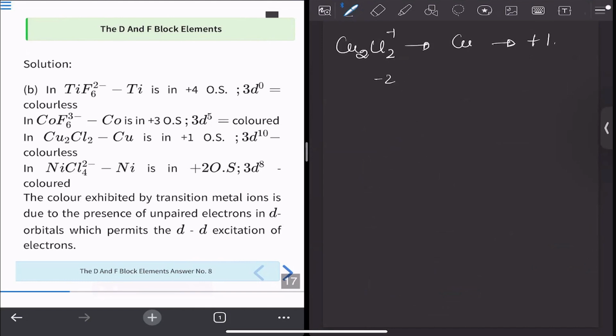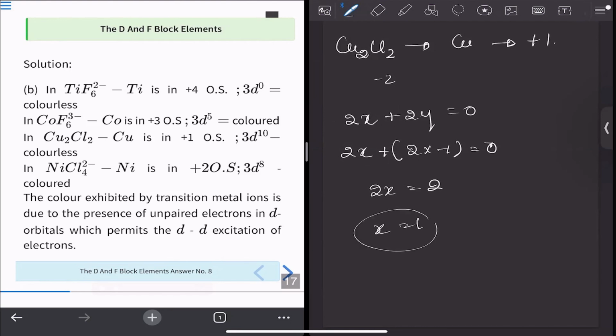There are two coppers, so 2x plus 2y should be equal to 0. So 2x is equal to 2, so x is equal to 1. So copper is present in the plus 1 oxidation state.